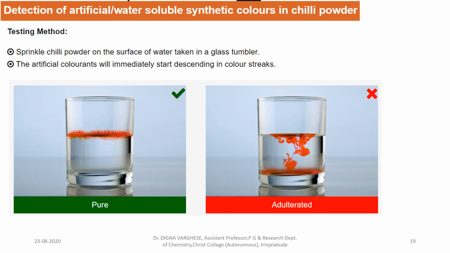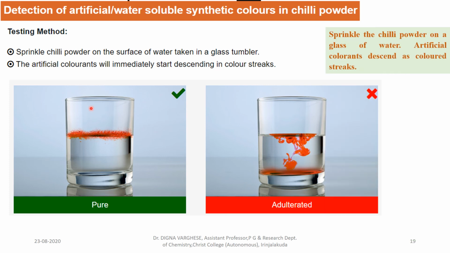Turning our attention now to different adulterants in chili powder. First, we are using a testing method for the detection of artificial or water soluble synthetic colors in chili powder. The testing method is to sprinkle chili powder on the surface of water taken in a glass.